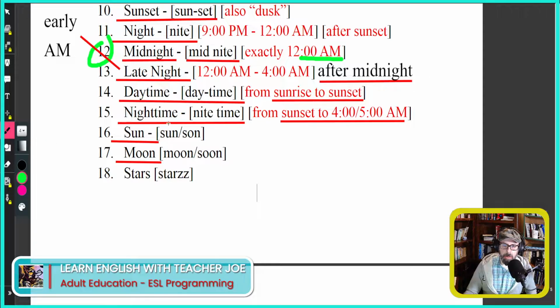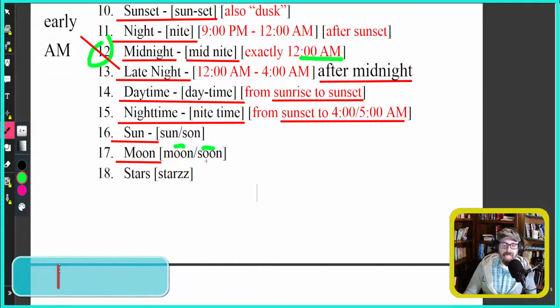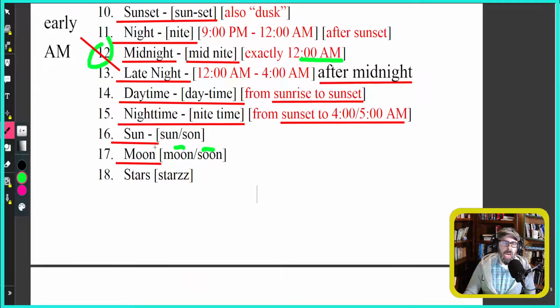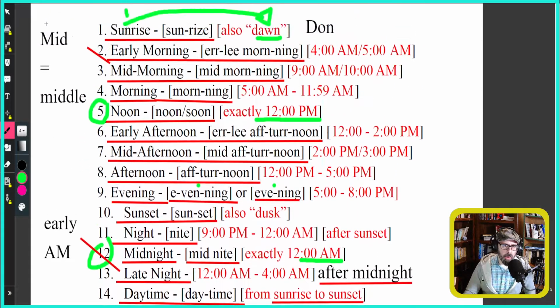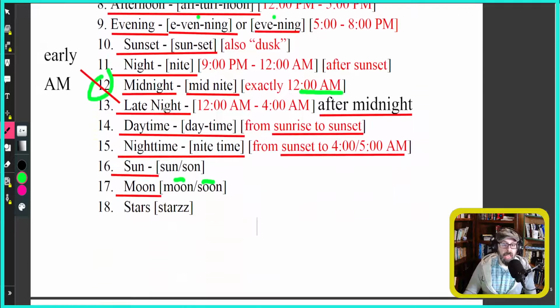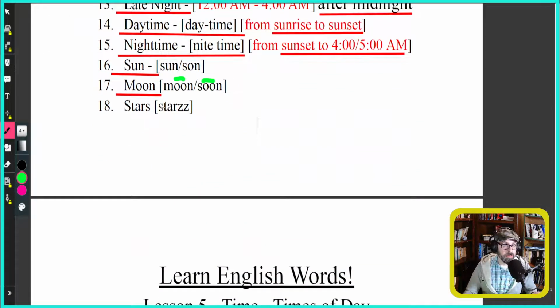We see the double O, O-O, and here similar, O-O. Moon, double O, sounds like soon, similar, moon, soon. We saw this earlier with number 5, with the word noon. Double O, similar to soon. Noon, moon, soon. Okay, number 17, moon.